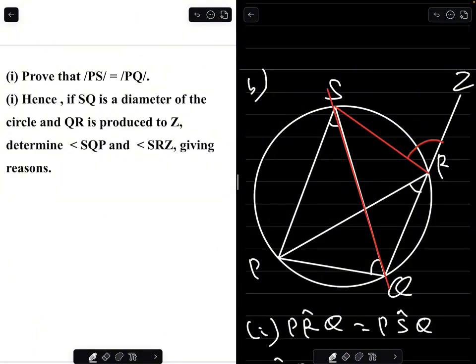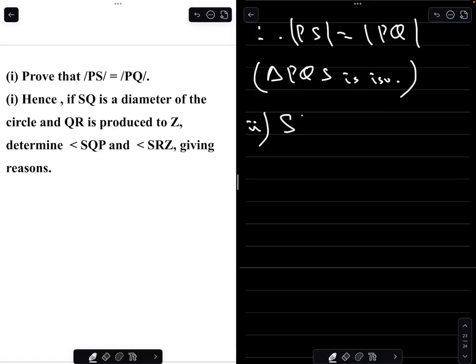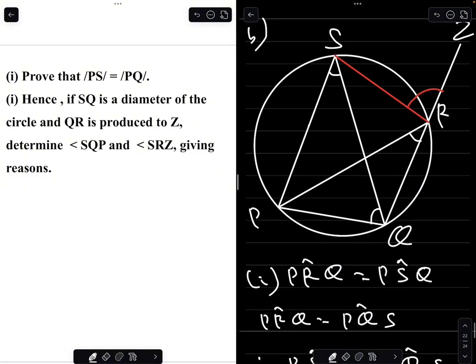Angle SRQ is 90 degrees, and the reason for that is angle in a semicircle.